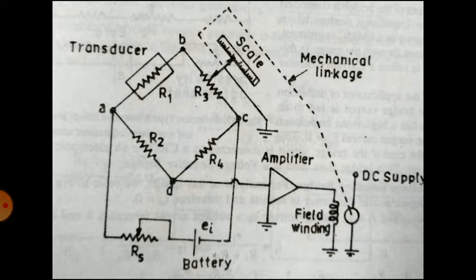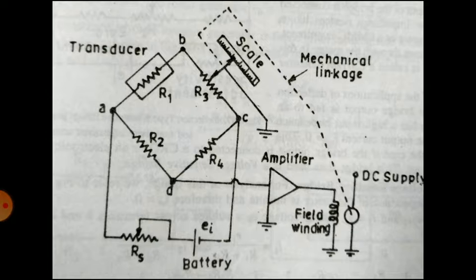Resistance R1 represents the resistance of the resistive transducer, whose value depends upon the physical variable being measured. The ratio of resistors R3 and R4 is fixed for a particular measurement.